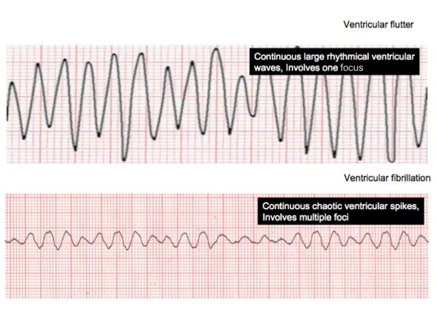So the difference between these two is in these boxes: flutter is rhythmical disorganized contraction, fibrillation is chaotic. There's spikes, there's no rhythm to it, there's no organization, it's just quivering of the heart tissue and no pumping of blood.